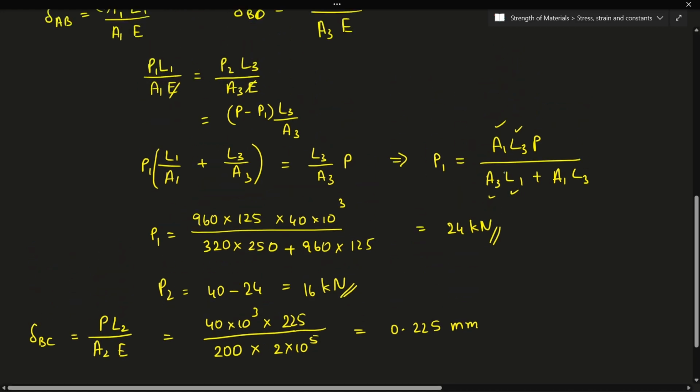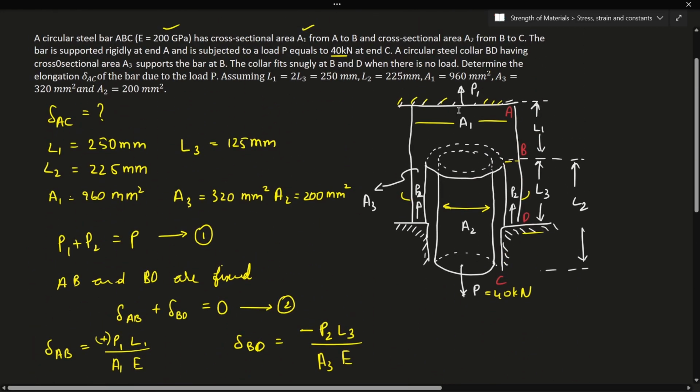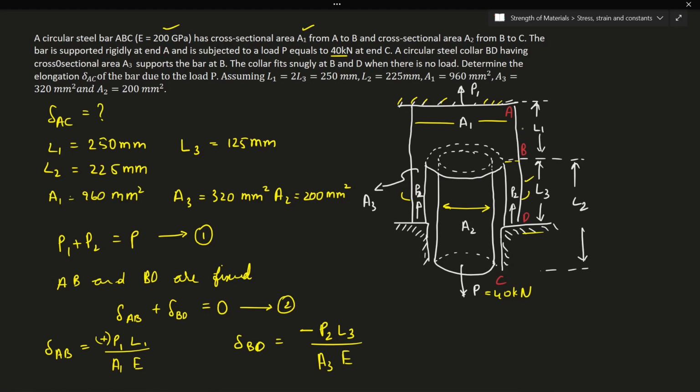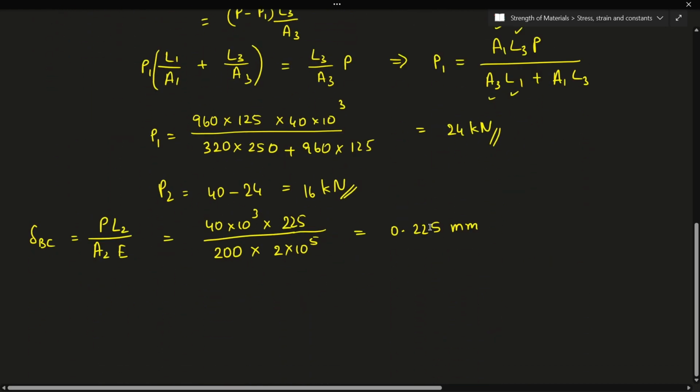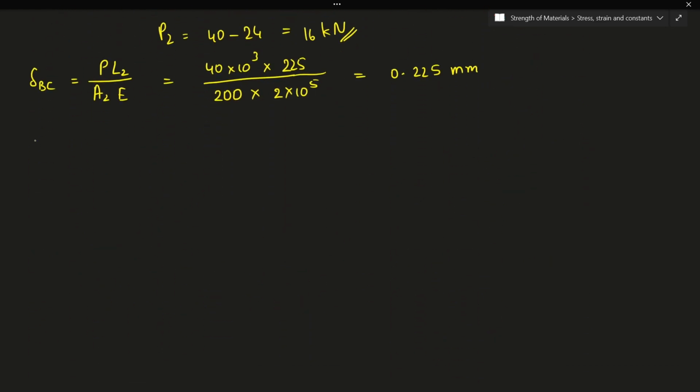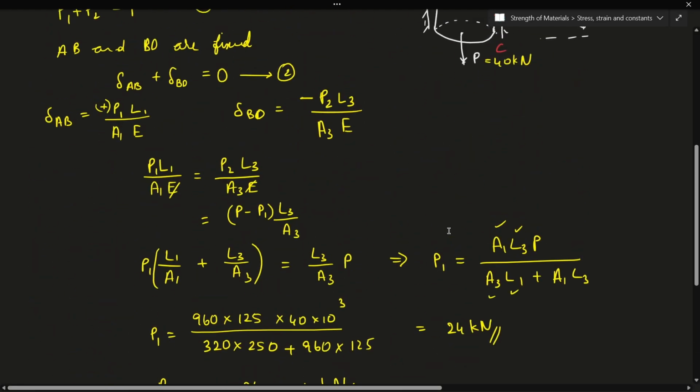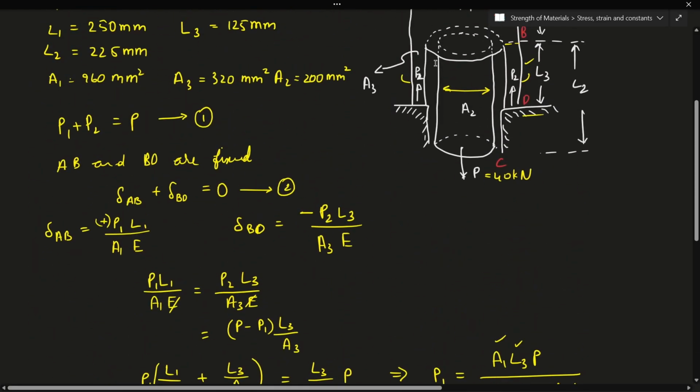Now we are supposed to calculate the total elongation from A to C, right? So whatever the body is compressed in BD will be equal to the elongation in AB, right? So I'll calculate the compression in BD now. Delta BD will be equal to minus P2 L3 divided by A3 E, right? So I'll be calculating for this steel collar now.